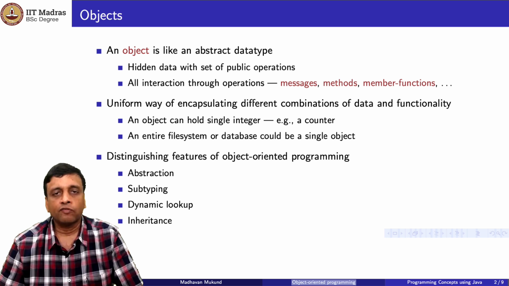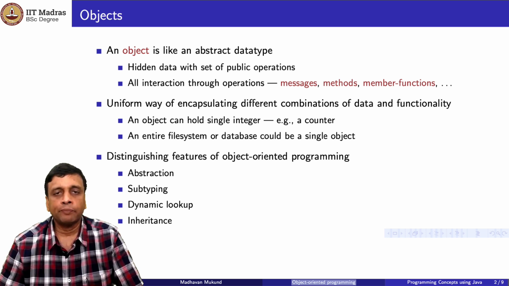So we will look at 4 distinguishing features that characterize object-oriented programming. The first, of course, is abstraction, which is related to this notion of an abstract data type. But where object-oriented programming goes beyond just mere abstract data types is in the fact that it allows what's called subtyping. So there is a hierarchy of types.